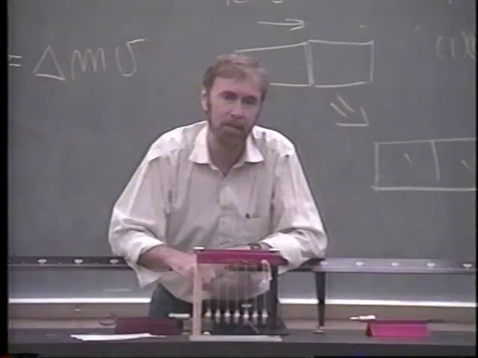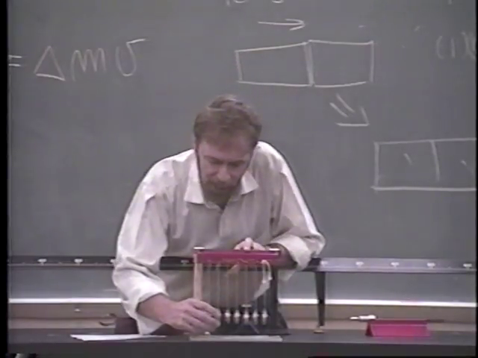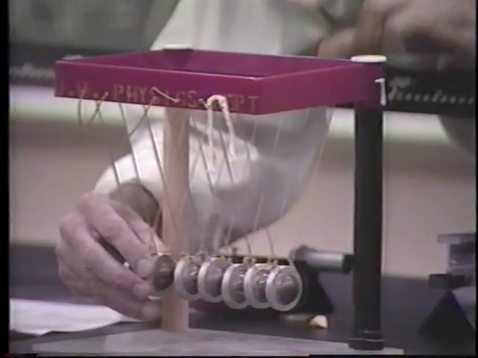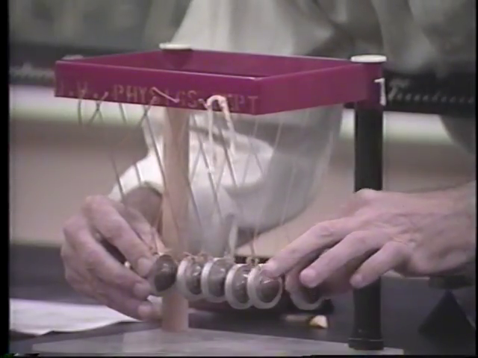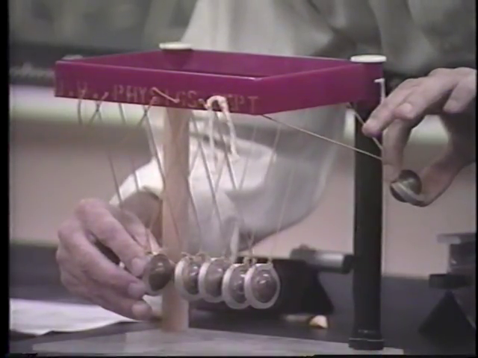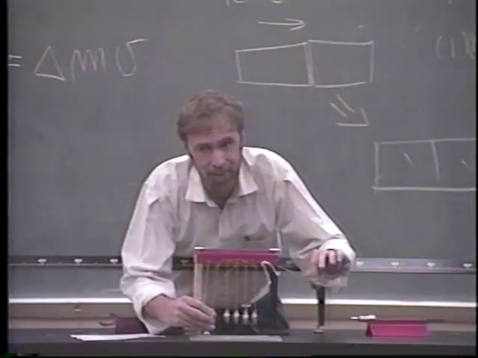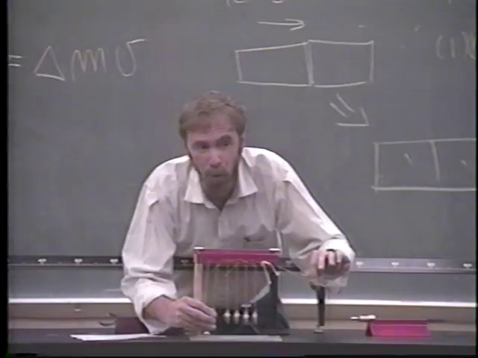But I'll tell you what, gang. How would it be if I had 2 of these come down, and 1 come out with twice the speed? If that happened, would the momentum before and after be the same?